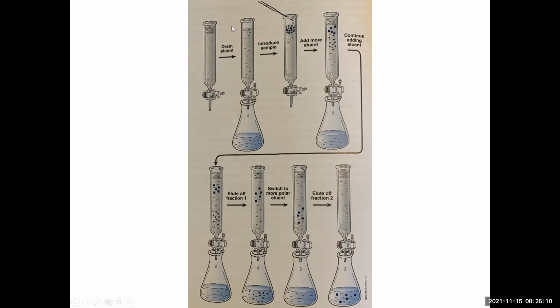But eventually we'll drain the eluent just so that it's at the top, right here, so that everything below is wet, but there's no solvent above it. That's when we're going to introduce the sample. So these little squares and little circles are the sample, and it's introduced to the top and goes into the column.